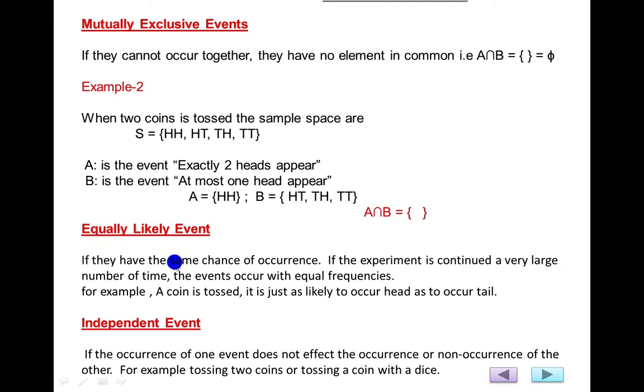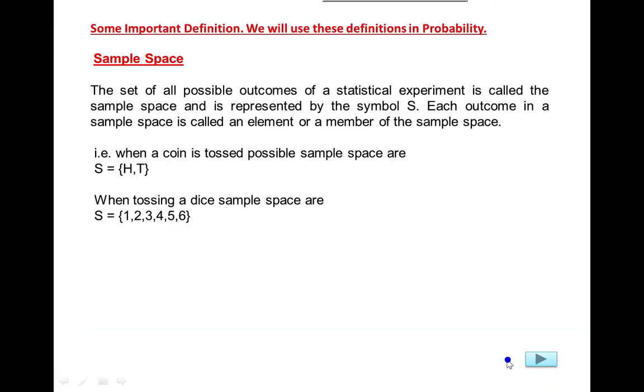So if they have the same chance of occurrence, for example, if you throw a coin, both have equal chance, 50-50%. With equal chances of occurrence, 1 upon 6, 1 upon 6, 1 upon 6, the total will be equal to 1 if you add all the 1 upon 6 terms. 1 upon 2 plus 1 upon 2 will be equal to 1.